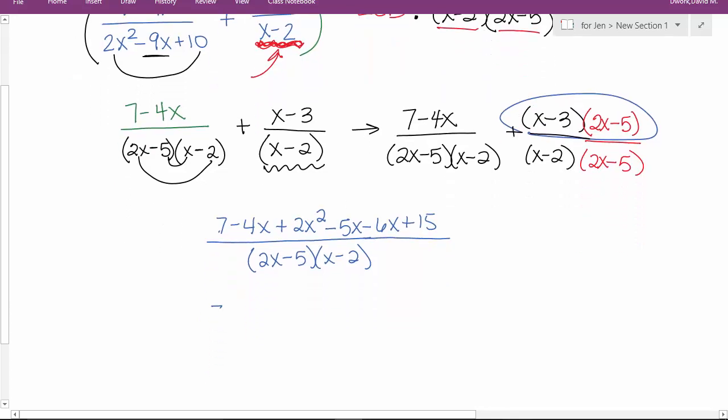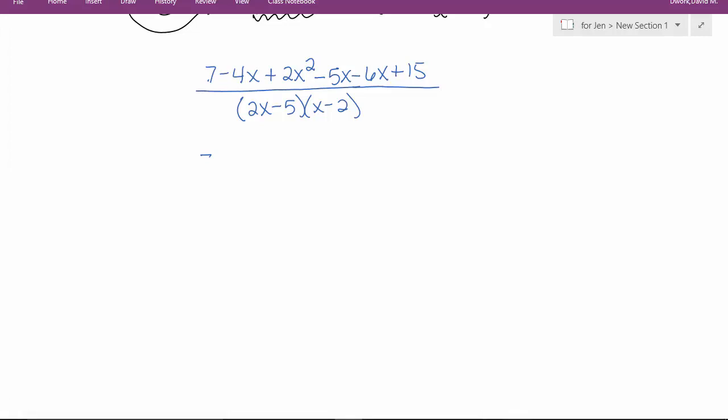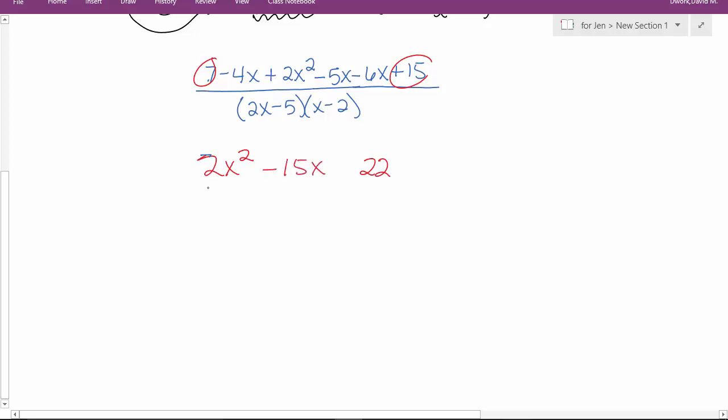If I keep moving, I have 7 and 15, and combining like terms, that is 22. I have a 2x squared, and minus 15x in the middle here, over my denominator.